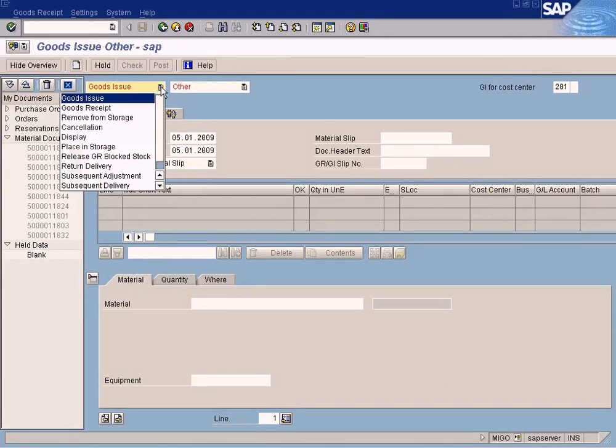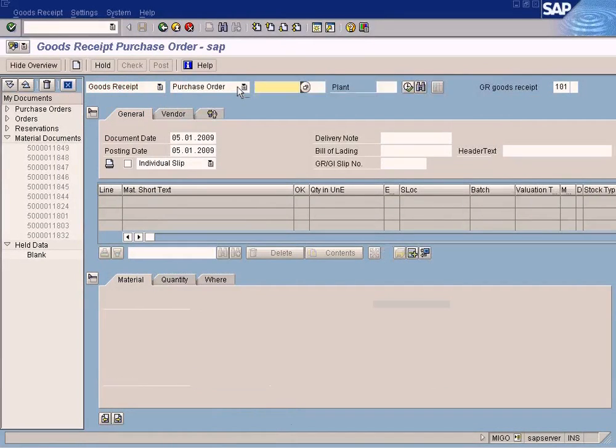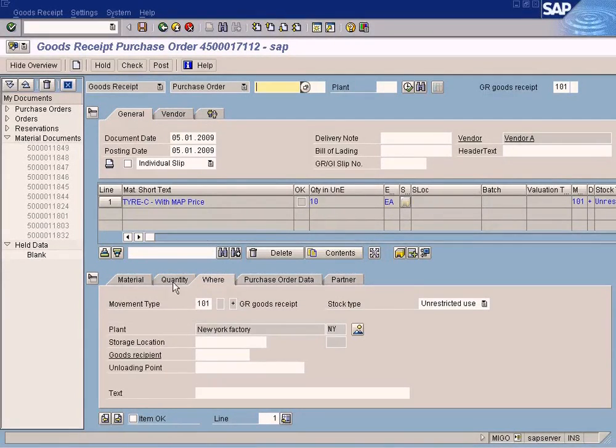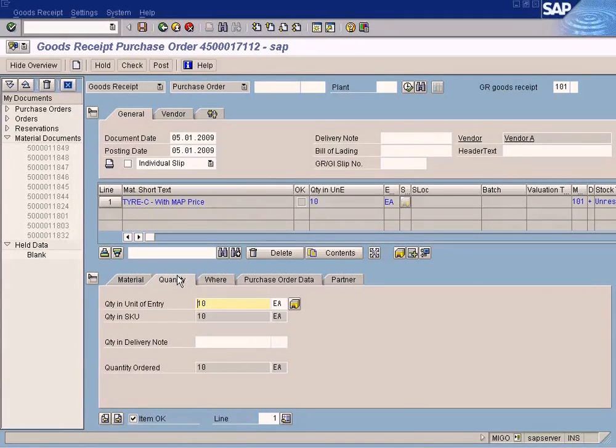Now I'm going to do MIGO. Goods receipt, purchase order. Always check this setting here. If it's defaulted to something else, you need to change it to goods receipt, because it will be defaulted to the last selected transaction here. Item, okay, storage location WH1.